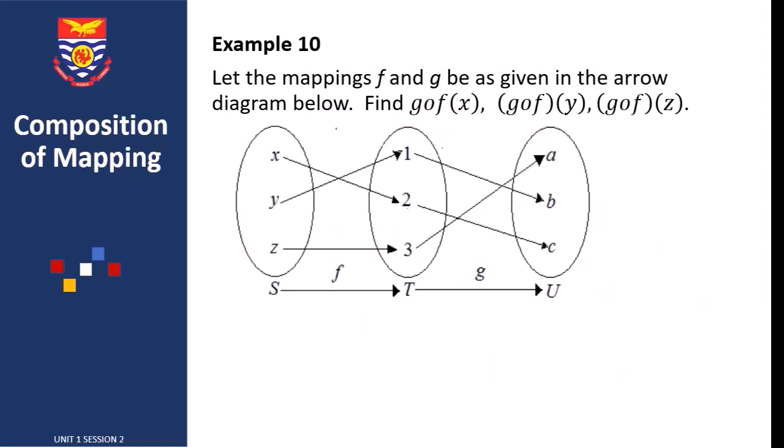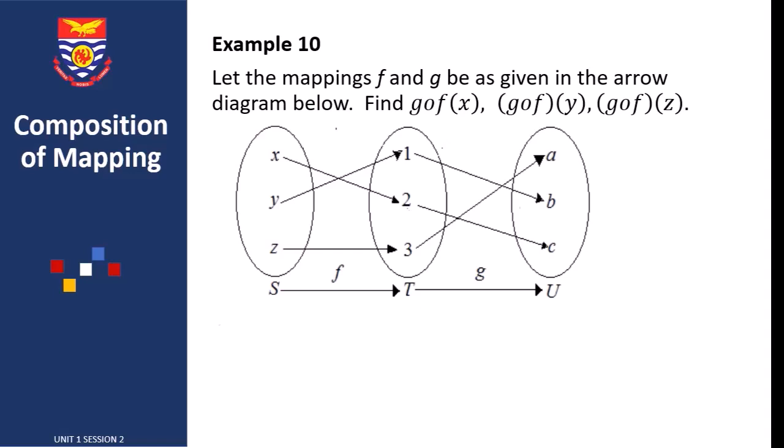Let the mappings f and g be as given in the arrow diagram below. You can see that f is a mapping from X to T and g is a mapping from T to U. We want to find the composite function g of f of x.